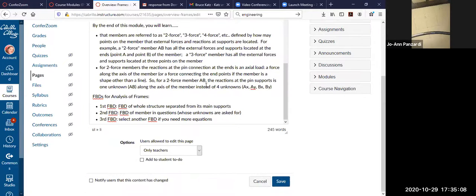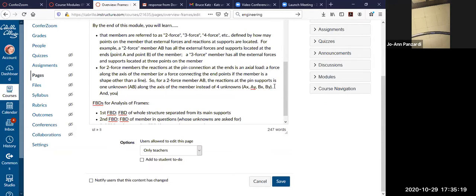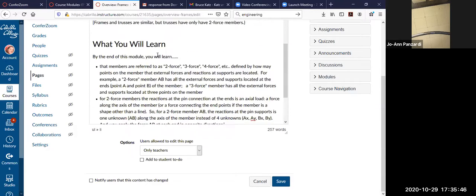So for a 2-force member AB, the reaction at the pin support is 1 unknown, AB, along the axis of the member instead of 4 unknowns. And you apply the force AB at each end in opposite directions. Does that sound good? Yes. Okay. So that's the new information that you learned.